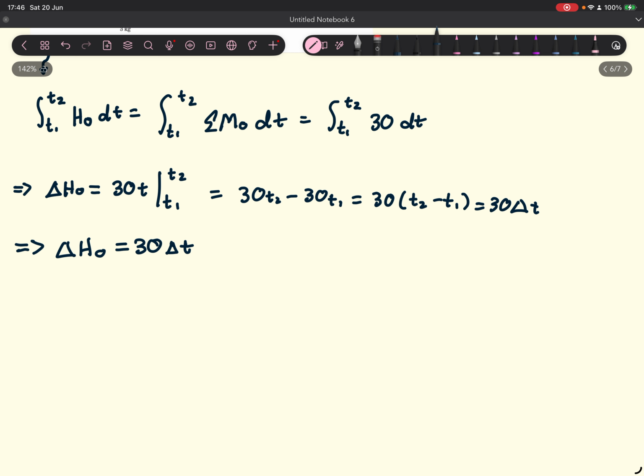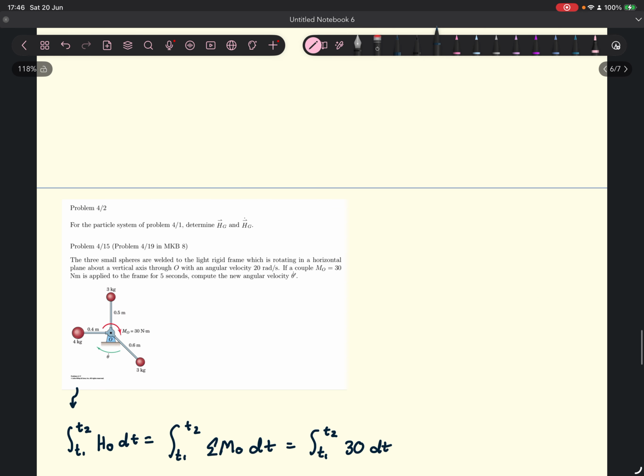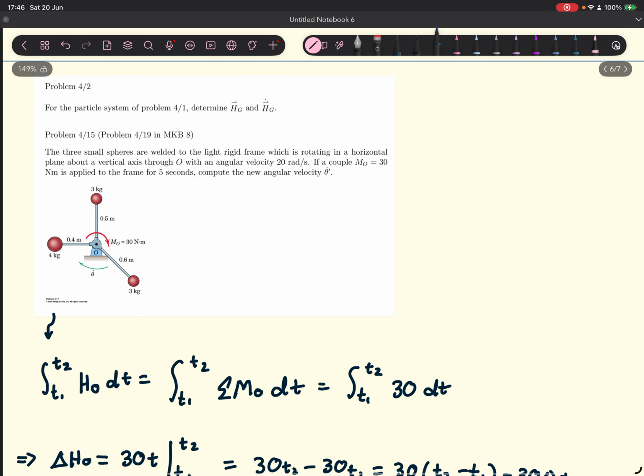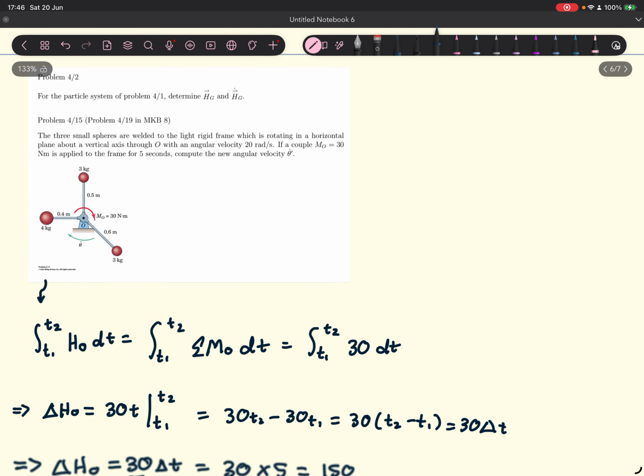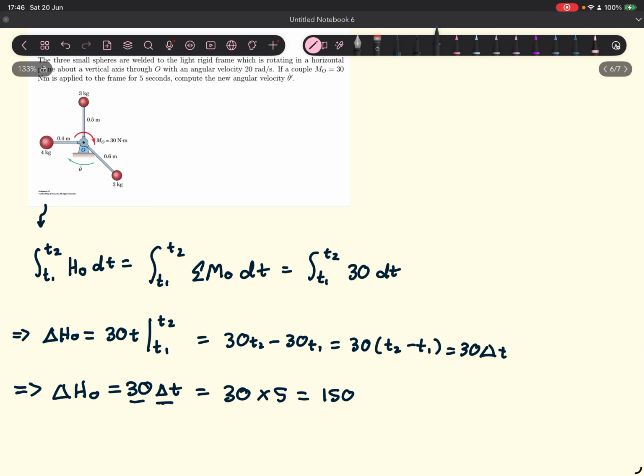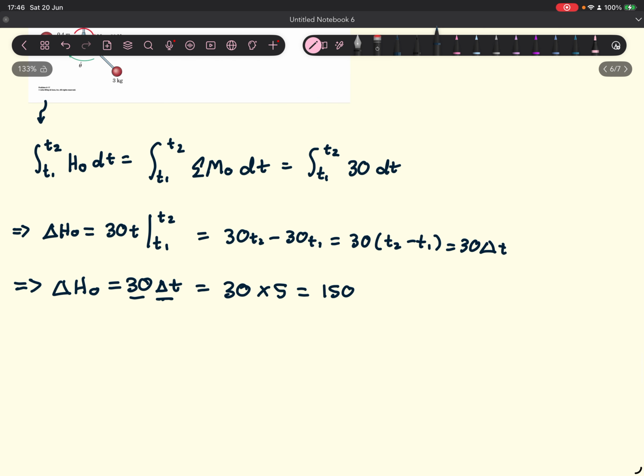So we know that delta HO would be equal to 30 times delta T, which is going to be 30 times 5, the 5 seconds it was applied for. Then this will equal 150. And then at state 1, we're given the angular velocity, and we're asked to calculate the angular velocity for state 2.